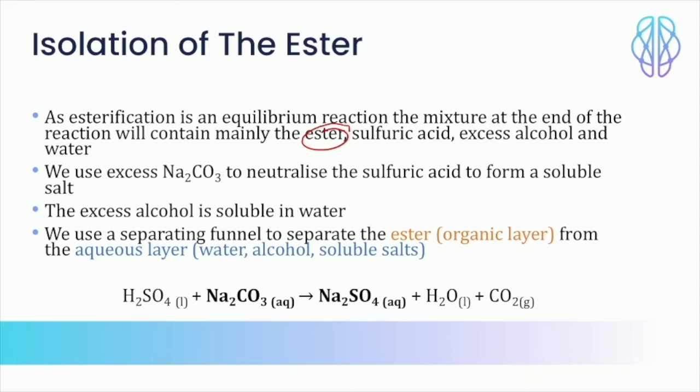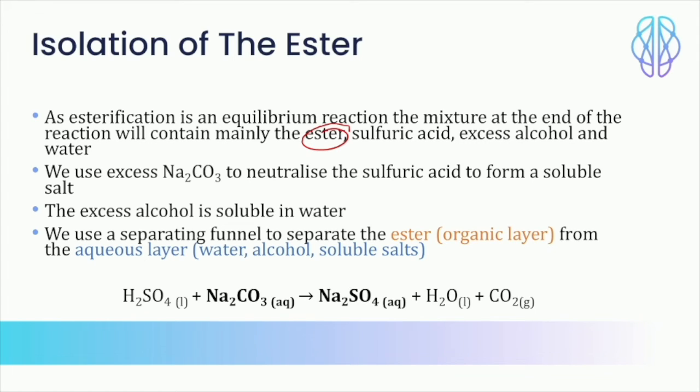Now there are two ways you can go about it. You can use a separating funnel and a modified method, or you can distill it. In the year 12 chemistry setting, you'll almost always be examined and assessed on the separating funnel method, so that's what I recommend you understand and apply well.